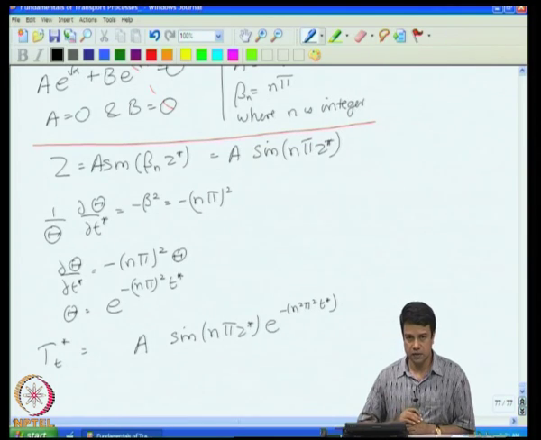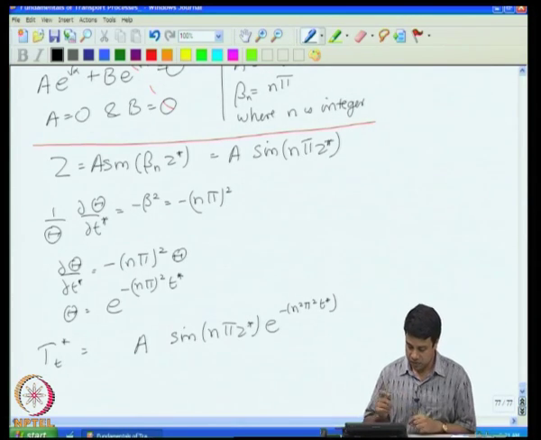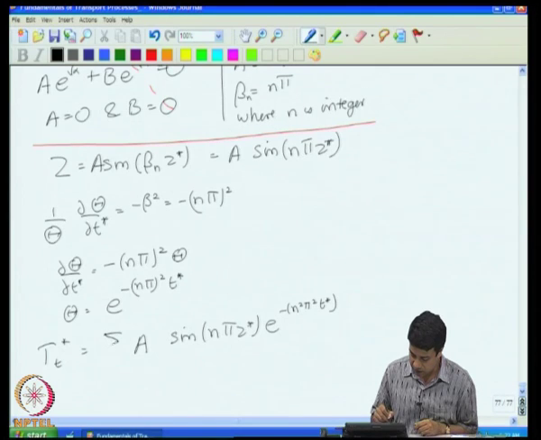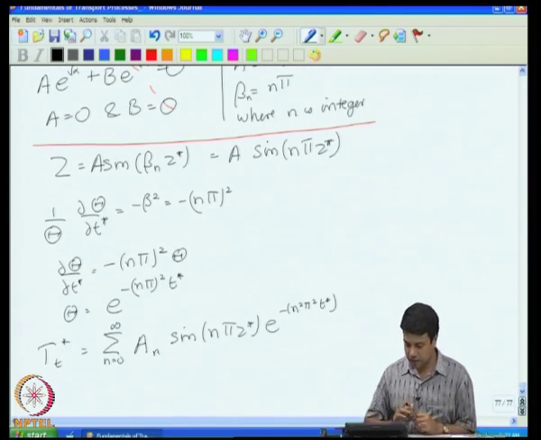This is true for n is equal to 0, n is equal to 1, etc. So, the most general solution is the sum of all of these solutions. So, the most general solution that I can get is sum n is equal to 0 to infinity of a n times this.